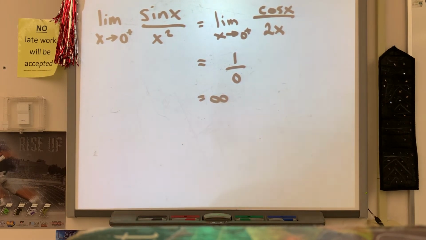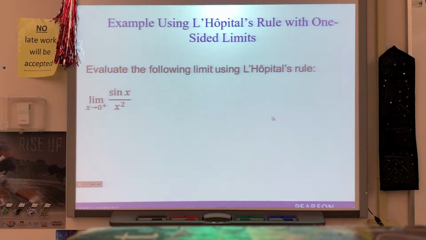Now, once again, back when we talked about how limits are definite numbers, we could say that this limit does not exist, but the more appropriate answer is to say that the limit as x approaches 0 from the right is positive infinity, because that's what this expression is approaching as we're going that direction. So there's that example for you. I think that was a good one to take a look at. Let's get back to our PowerPoint.